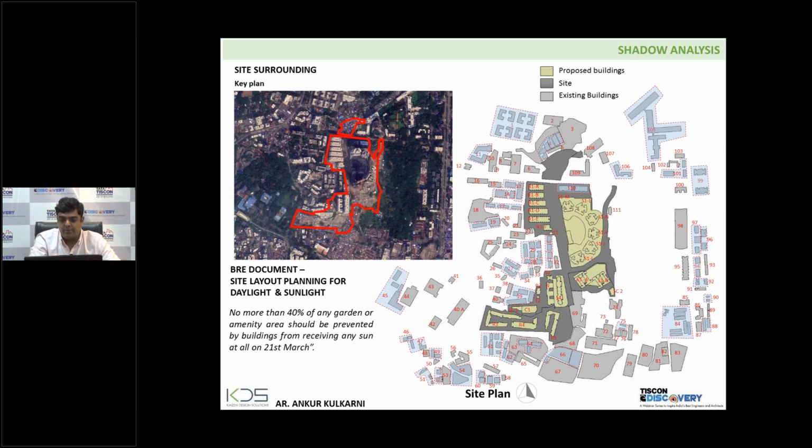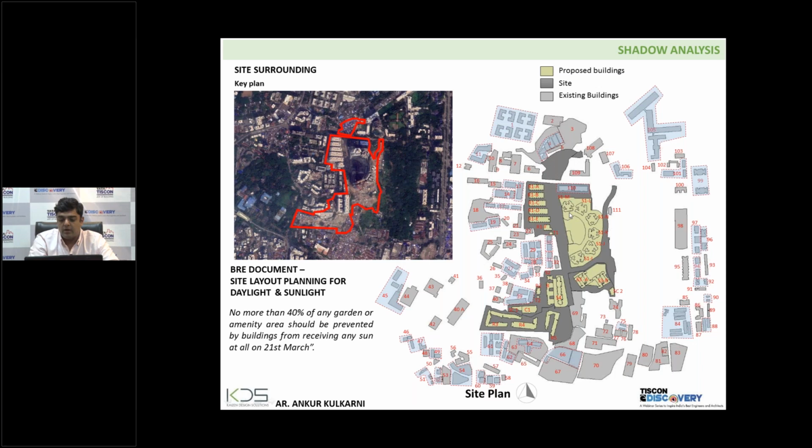So yes, this is one of our projects, and these are a few proposed buildings, and we were supposed to analyze whether this proposed development has any negative impact in terms of daylight and ventilation on the surrounding structures or not. So we built the entire model. This is in Lower Parel in Mumbai.